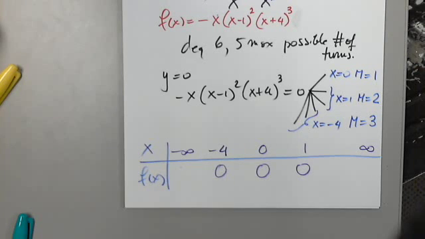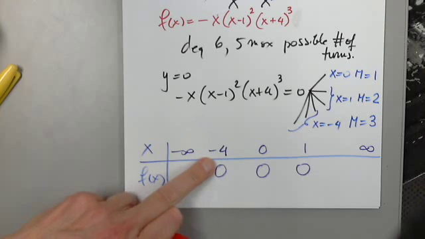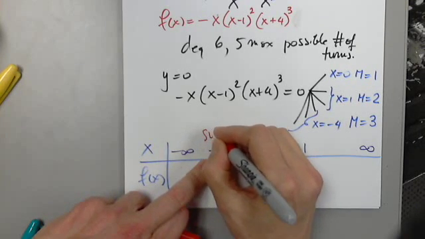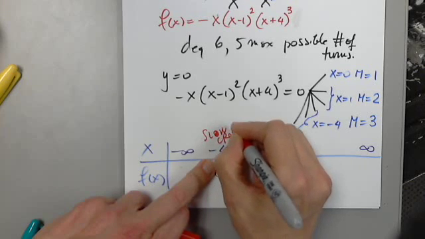If it's an odd multiplicity, it has to be a cross. If it's an even multiplicity, it has to be a turn. But of course, it depends how, right? Because in this case, there are 3 solutions there. Yes, it crosses, but not in a very nice and simple way. Slightly more sophisticated. So what will I say? It is a cross at negative 4, but what type? Not fast. Slow. Slow cross.